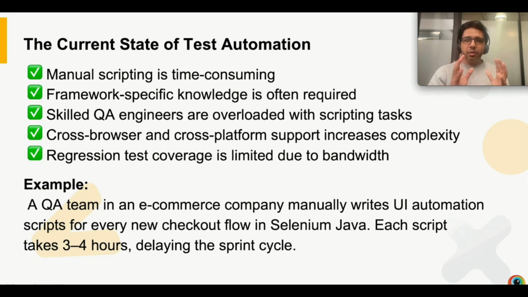Just to give you an example, I have written one over here: if you have a QA team in an e-commerce company, they manually write UI automation scripts for every new checkout flow in Selenium Java. Each script takes 3 to 4 hours, delaying the sprint cycle, as I told, right? Because when you are developing, manual testing is pretty easy. The functional testing part is pretty easy through manual testing because you can execute it, place the order, right, and then test it.